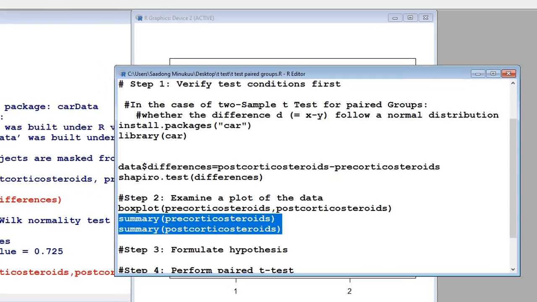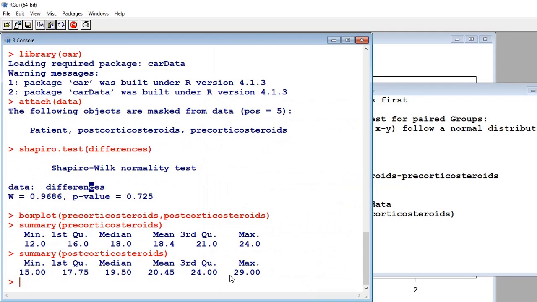Now if I run these two codes, by observing here you realize that the median of pre-corticosteroid is 18. That of post-corticosteroid is 19.5, which means the patients after taking corticosteroids generally had body mass gain, or weight gain, right?